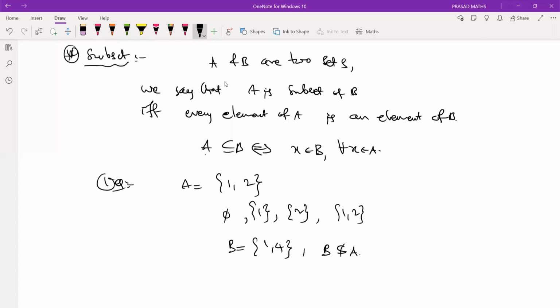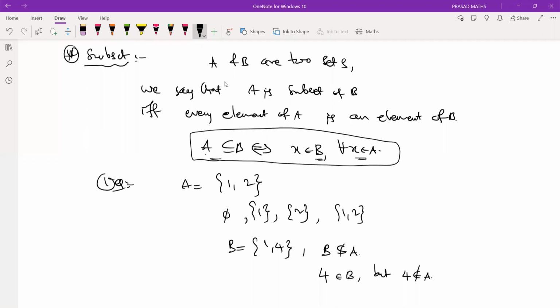What do you mean by A subset B? Any element of A should be an element of B. What is the negative of this statement? We find at least one element, which we call 4, that is an element of B but not an element of A. What is the negative of the statement that every element appearing in A is an element of B?